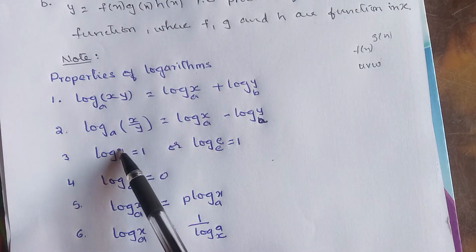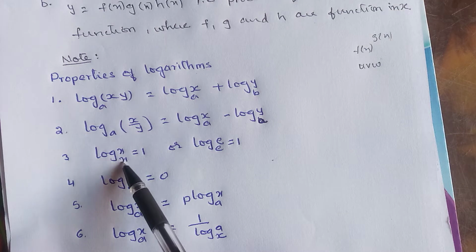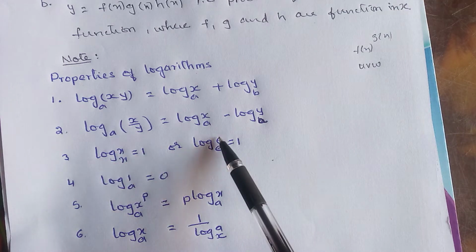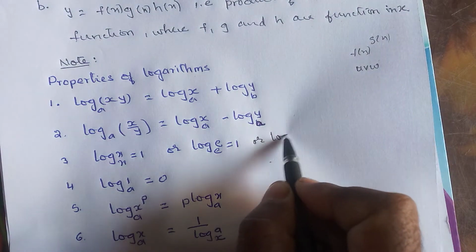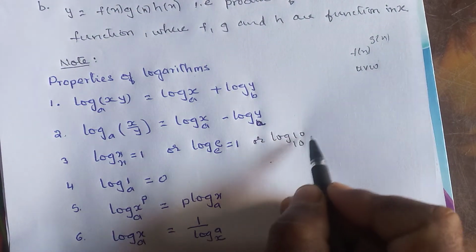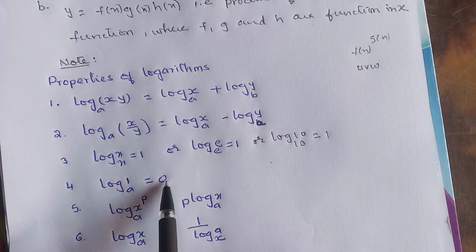Next, log x to the base x equals 1. If the log and the base are the same, it equals 1. Log e to the base e equals 1, or log 10 to the base 10 is also 1. Similarly, log 1 to the base a equals 0.